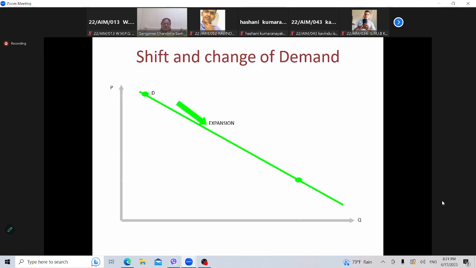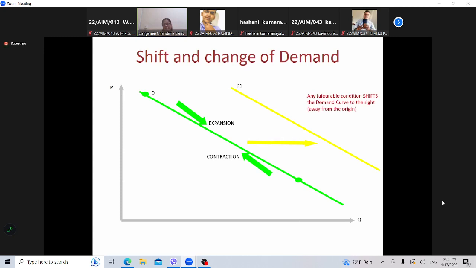So if we take this all together, this is the demand changing. When price is decreasing, quantity demanded is expanding, gradually increasing. The other way, contraction: quantity demanded decreasing, price is increasing. That is change along the demand curve.